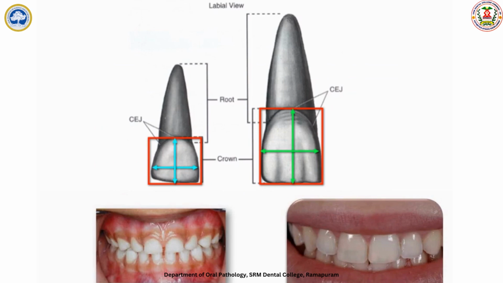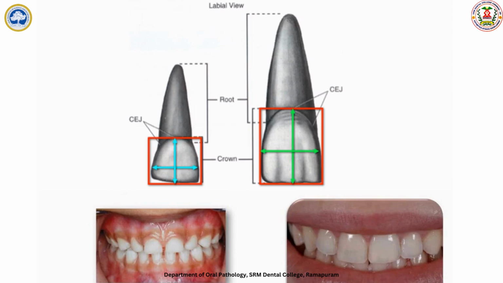Now moving on to the morphological differences between the primary and the permanent dentition. First, to start with, it is your crown, and then it will be followed by your root. Look at the differences in size between the crown of your primary and permanent dentition. Your primary dentition is wider mesiodistally compared to its cervico-incisal dimensions, whereas in your permanent dentition, the cervico-incisal measurement is more when compared to the mesiodistal dimensions.